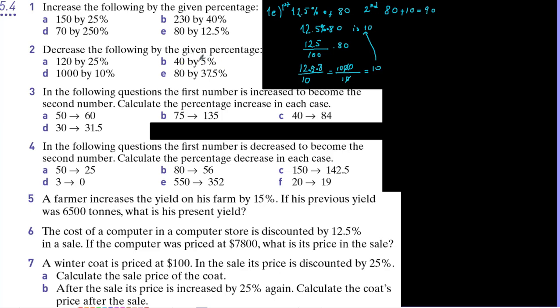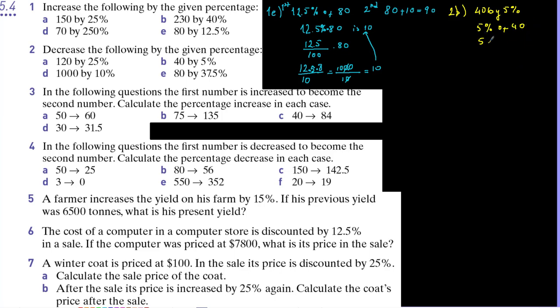I want to solve 2b. Decrease 40 by 5%, which means 5% of 40 I have to find firstly.